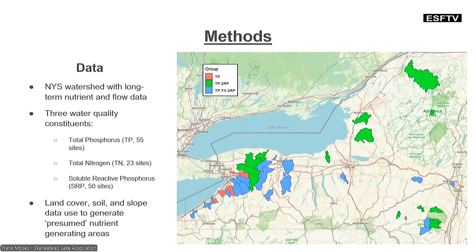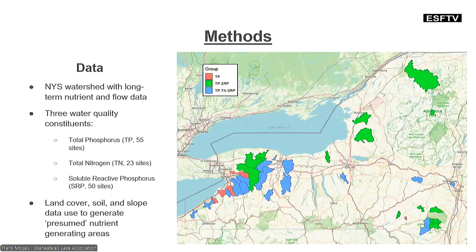TN, total nitrogen, had 23 sites, and SRP, soluble reactive phosphorus, which had 50 sites. And this map is of New York State, and these were the sites that were used in the analysis. The watersheds are the little polygons, and the color represents the data availability by constituent.